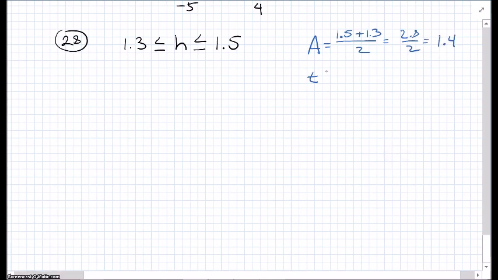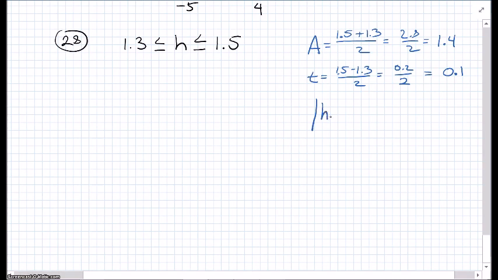The tolerance is the difference of the maximum and the minimum, so it's going to be 0.2 over 2. So it's just going to be 0.1. How we write this absolute value inequality is like this.